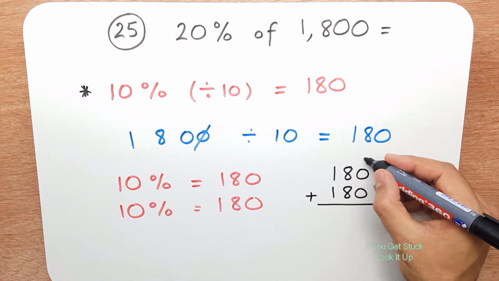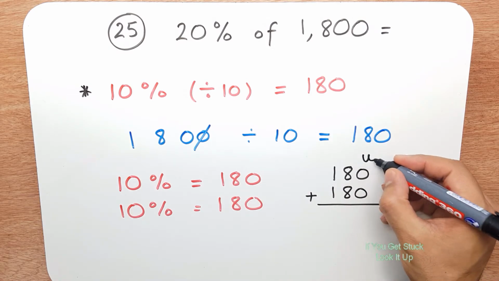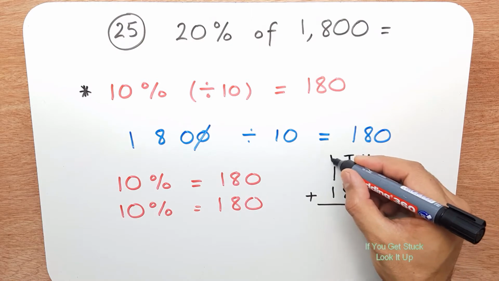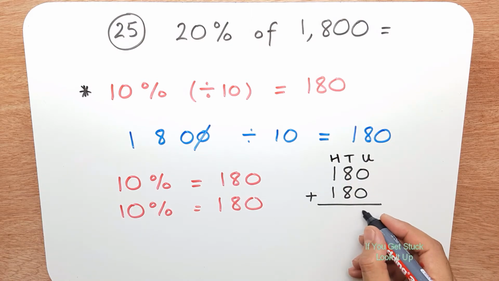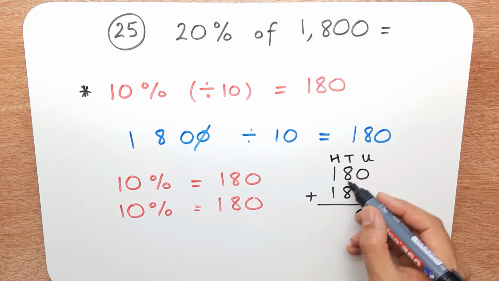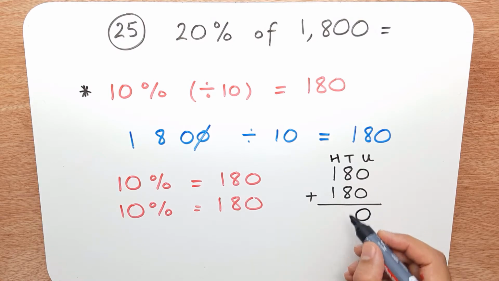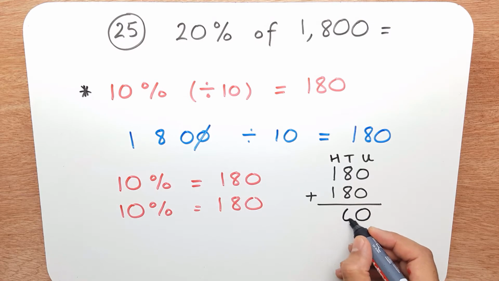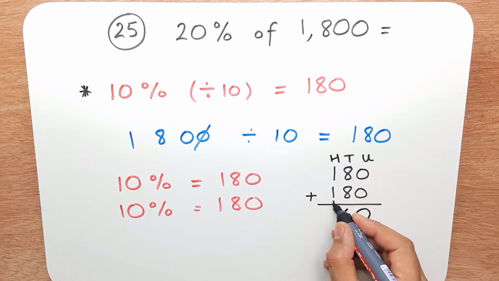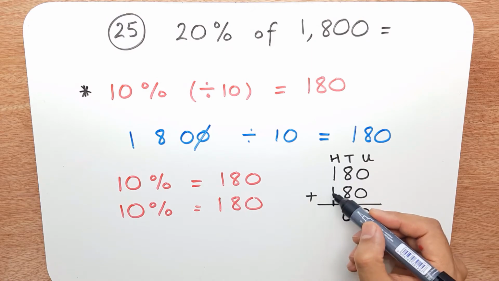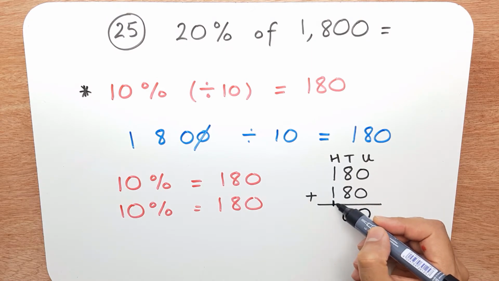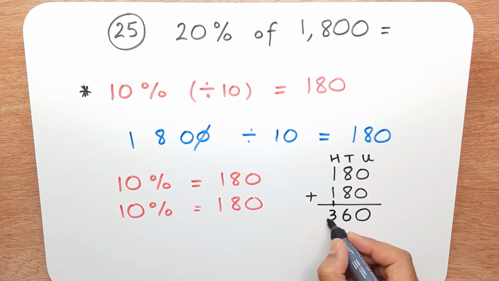Again, start from the units column or the ones column. 0 add 0 is 0. 8 add 8 is 16. We put the 6 here and carry the 1 over to the next column. Now we have 1 add 1, which is 2. Add the 1, which we've carried over, which is 3.